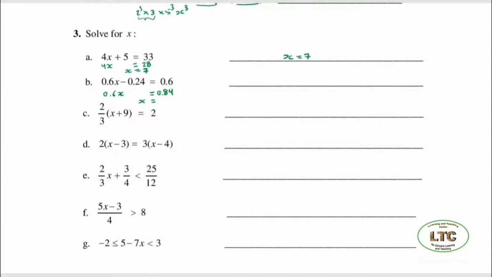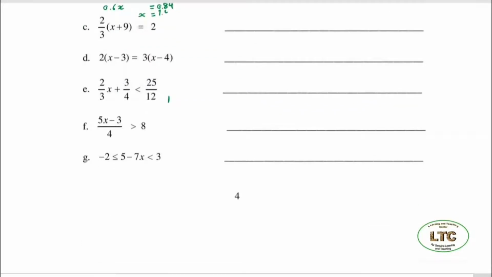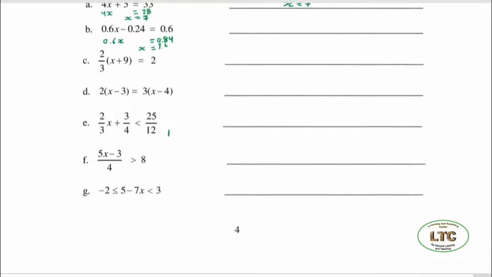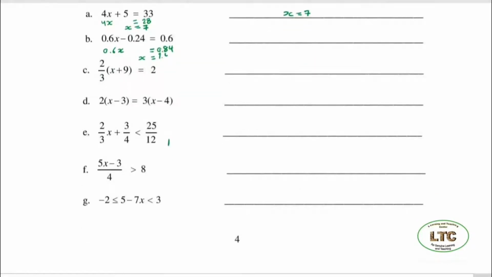And you divide the right hand side by 0.6. Use a calculator. 0.84 divided by 0.6 is equal to 1.4. So the x value is 1.4. x is equal to 1.4.